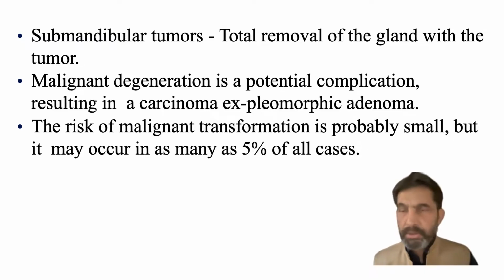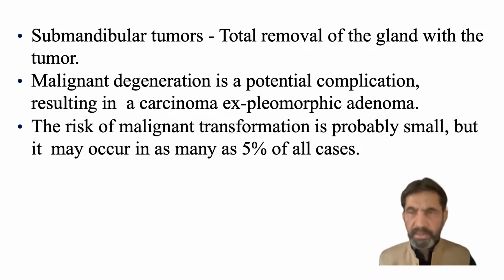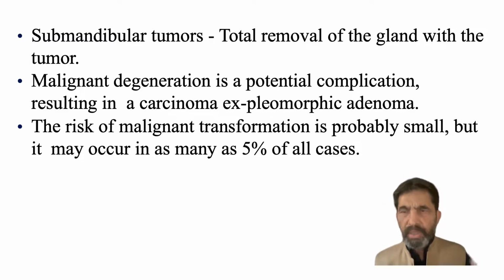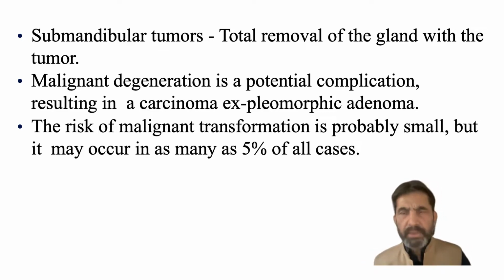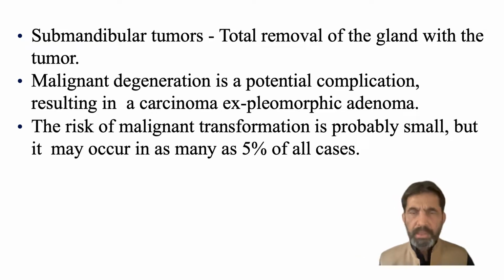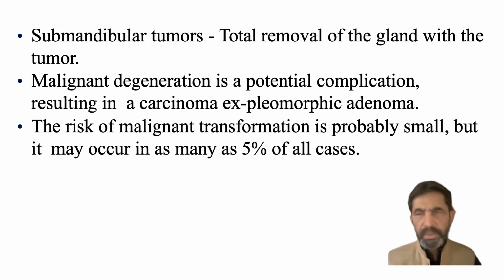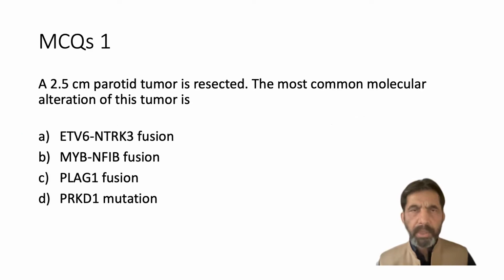Once again, students have a question: what is the terminology used when malignancy arises from the pleomorphic adenoma? It is called carcinoma ex pleomorphic adenoma. It could be squamous cell carcinoma, high-grade carcinoma, or any other variant of carcinoma. The terminology will be otherwise.